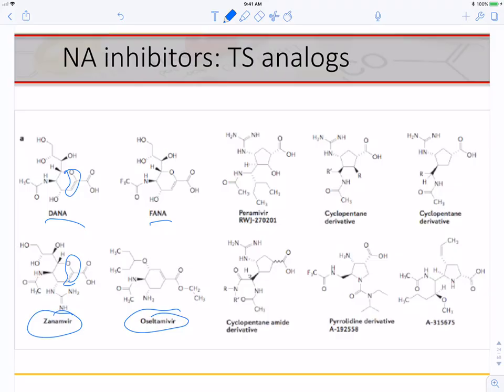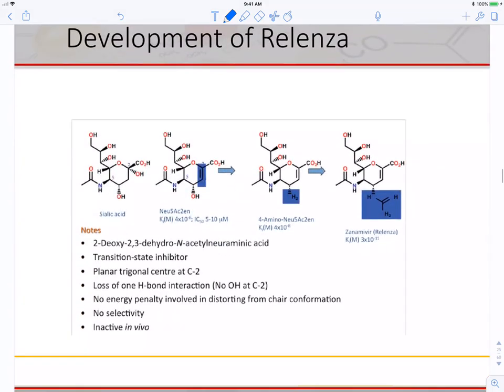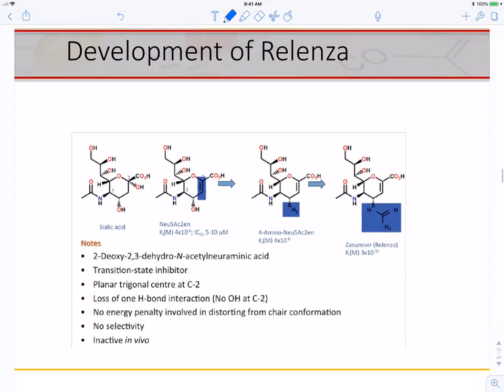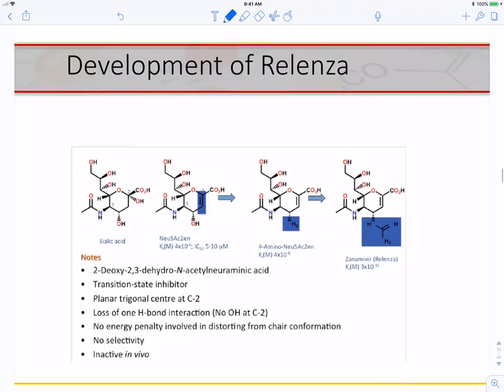What I would like you to remember is simply that we conserve this planarity of the structure that we have in transition state. And in the next video, we'll go through in more detail on how Relenza was developed.